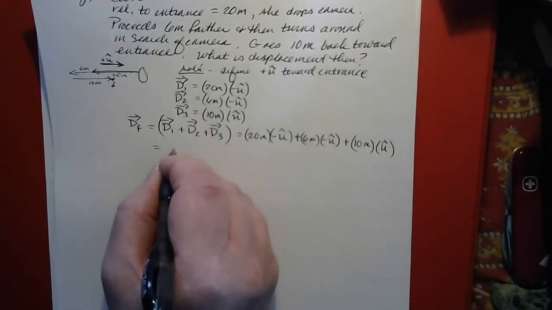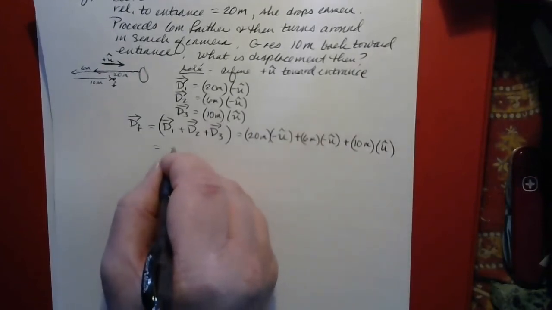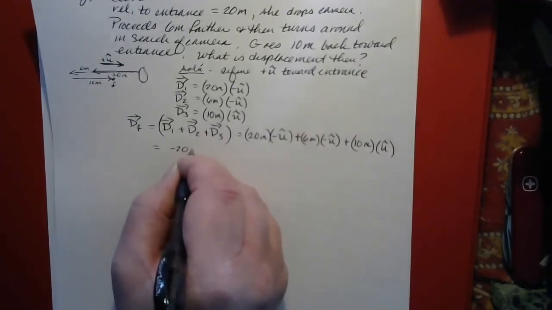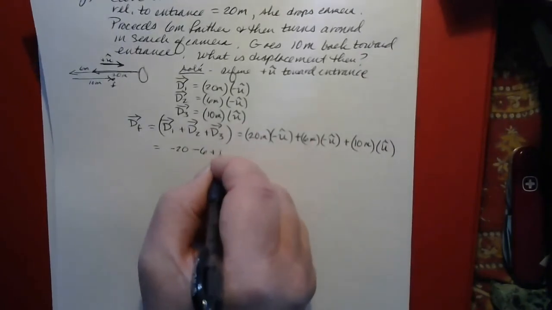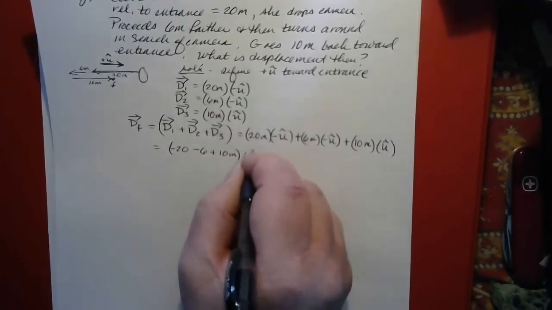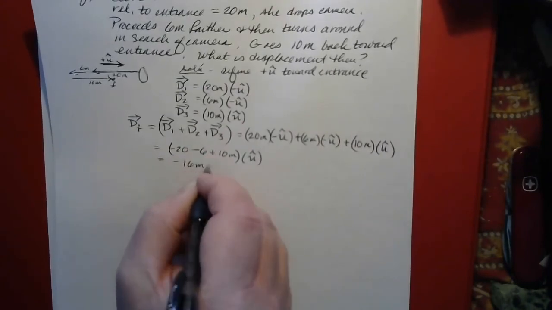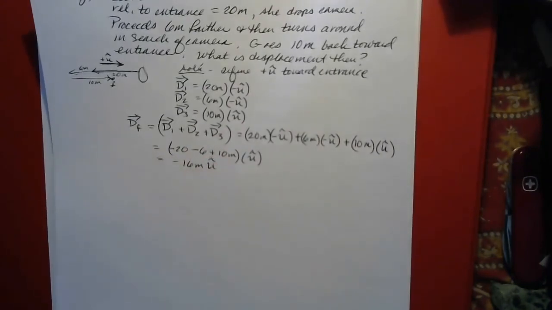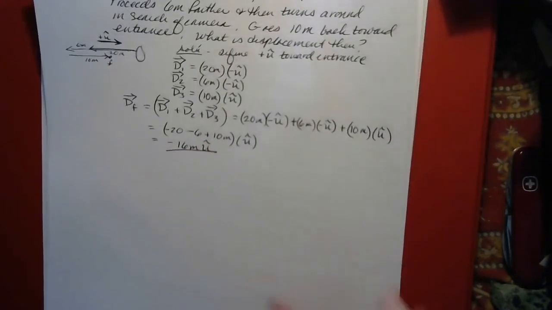And so that's going to be equal to bringing all the scalar terms together, minus 20, minus 6, or plus negative 6, plus 10 meters times unit vector. Or in other words, negative 16 meters times the unit vector.